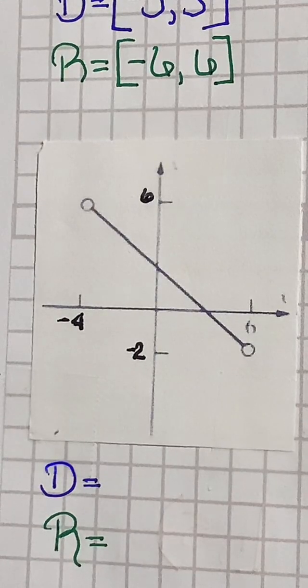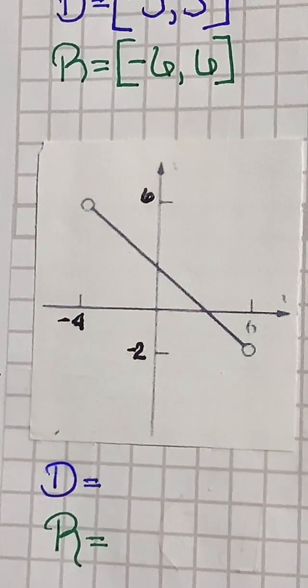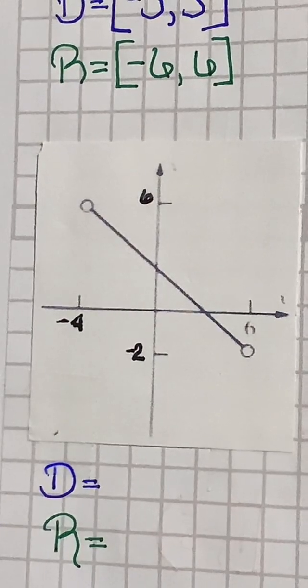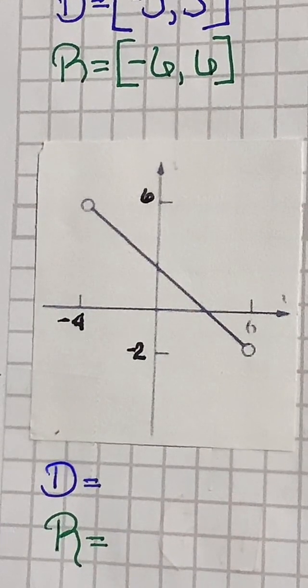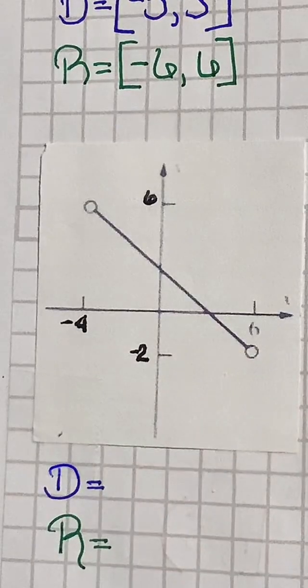Range, you're saying negative 2, positive 6. Domain negative 4 and 6. Good. Jordan Square is saying domain is negative 4 and 6, and range is negative 2 and 6, both sets not included. Okay, Princess Carla saying negative 4 and 6 for your domain. There you go.